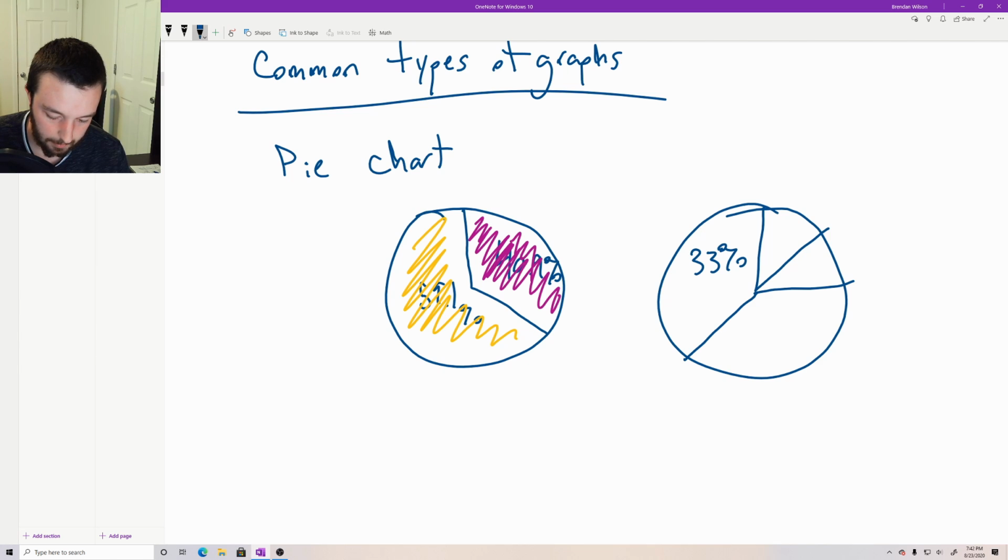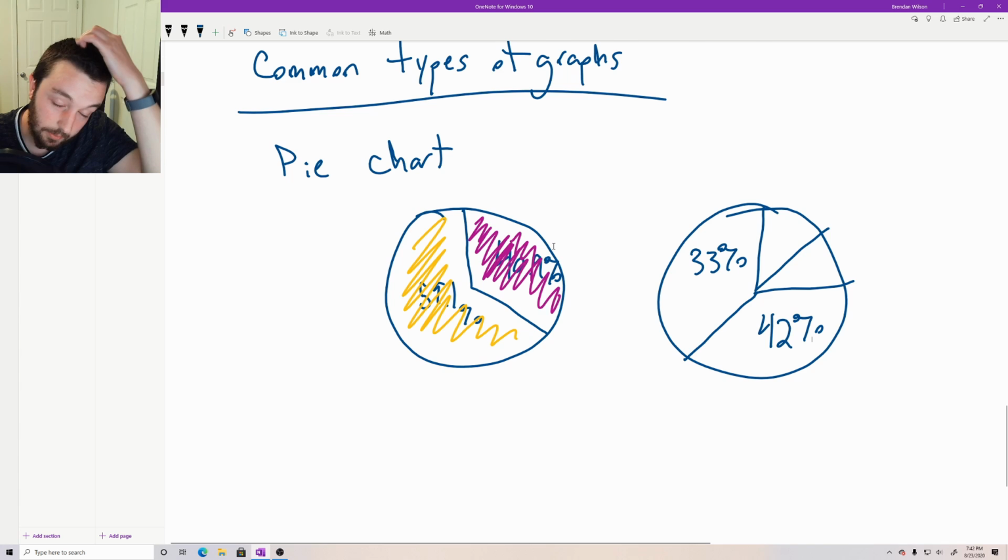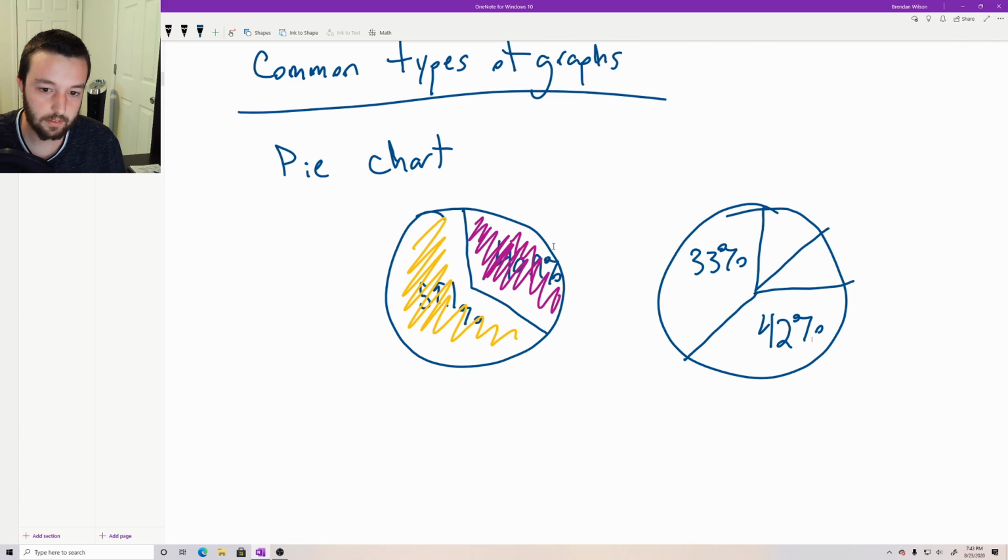This looks like it could be, I don't know, 42%. Now, one thing we need to be careful of is it does need to add up to 100, right? So far we're at 75%. That actually makes good sense with how this is drawn, because this is about 25%, and these look about even. So let's say 12.5% each.